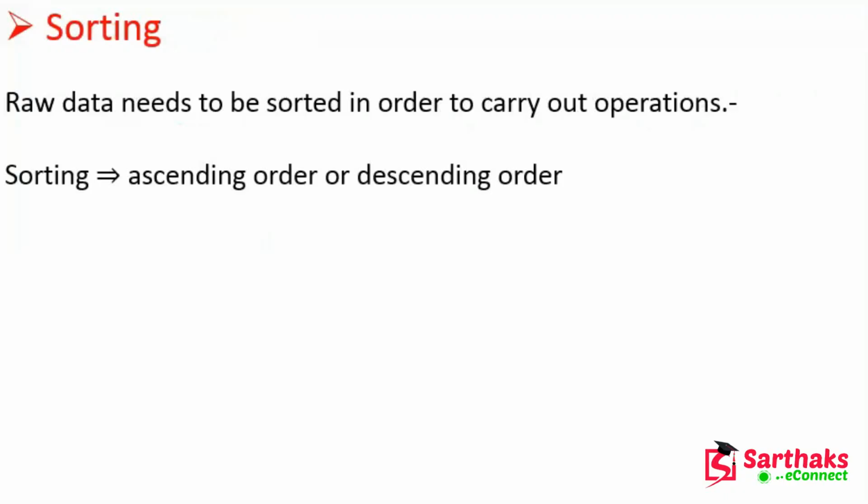Now what is sorting? Raw data needs to be sorted in order to carry out operations. Sorting may be in ascending order or in descending order, so we have to arrange the data in descending or ascending order.